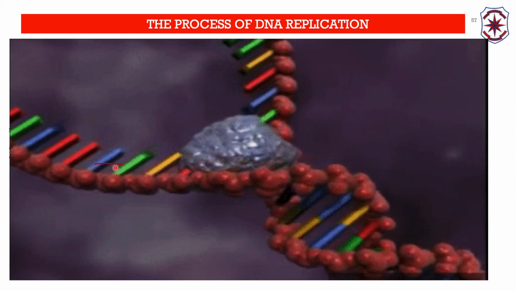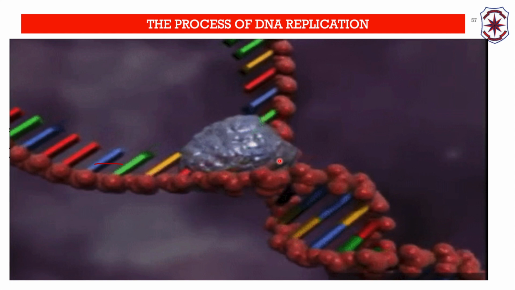Okay, you need not know the specific names. It is not in our grade 12 curriculum to know the specific names of the enzymes. But all you need to know is that every single step, every single occurrence during DNA replication does not just magically happen.